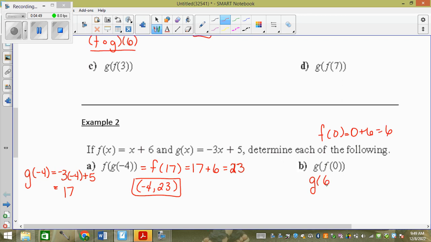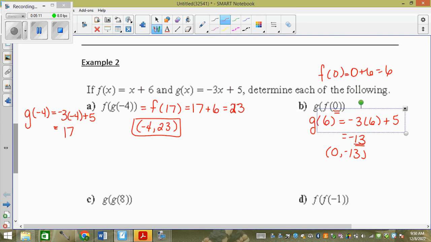So now we're doing g of 6, which is negative 3 times 6 plus 5, which is negative 13. And what's my coordinate actually? 0 and negative 13. This is my input, this is my output. There's some stuff happening in the middle, but do not care, right? So if I have a value, I can get out a point, just one coordinate. When I'm filling in an x, I'm getting out one y, one coordinate, correct?